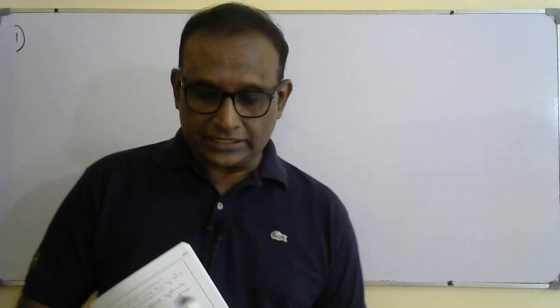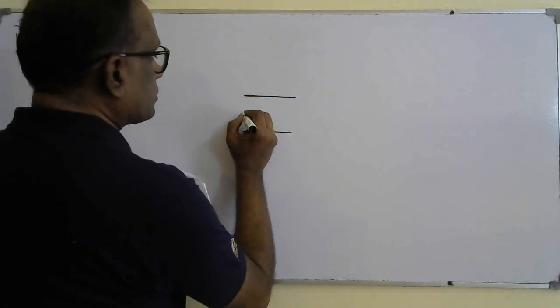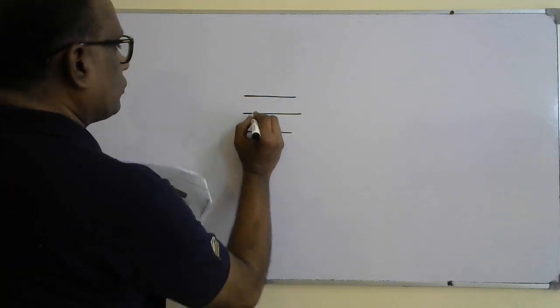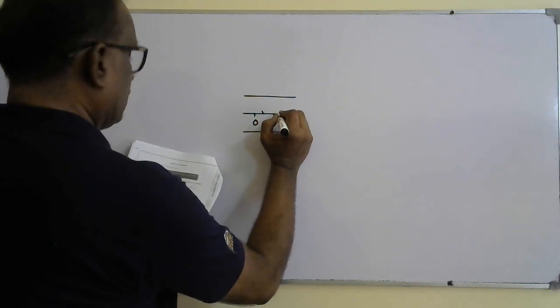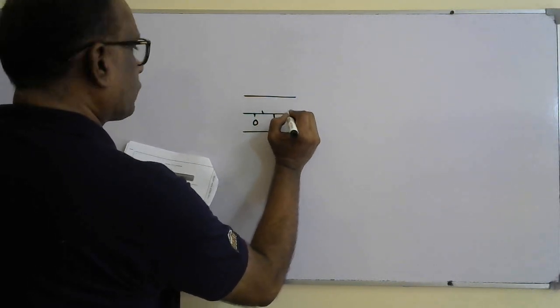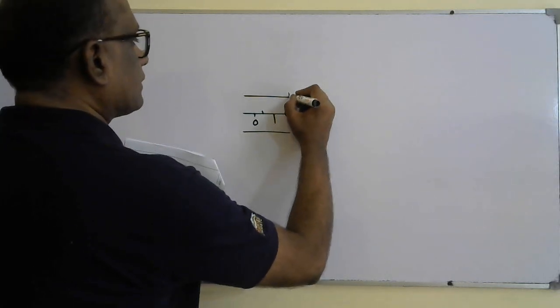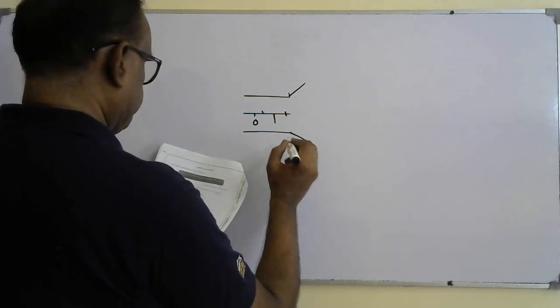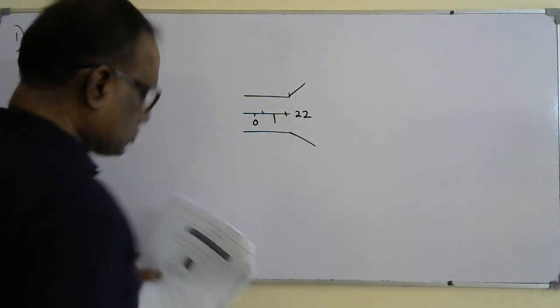Anyway, the diagram below shows the reading on the micrometer screw gauge. A diagram is given like this, with the readings shown. Here you can see the division which is coinciding is 22.